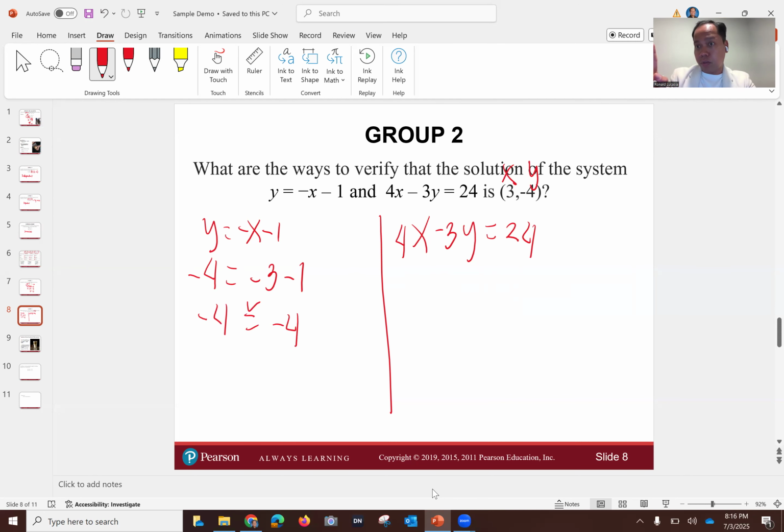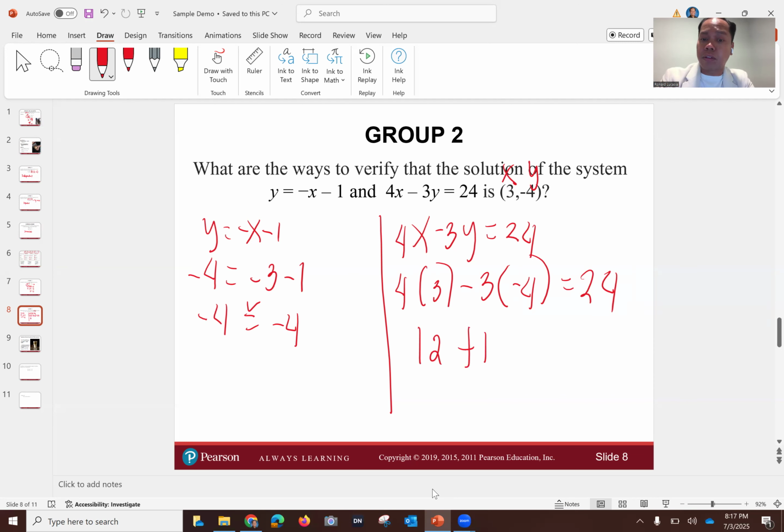It satisfies the first equation, but hold on, we also need to satisfy the second equation. Our x is 3, our y is negative 4, 4 times 3 is 12, negative 3 times negative 4 is also 12, so 24. And this one satisfies, so meaning it is actually a solution to the system.